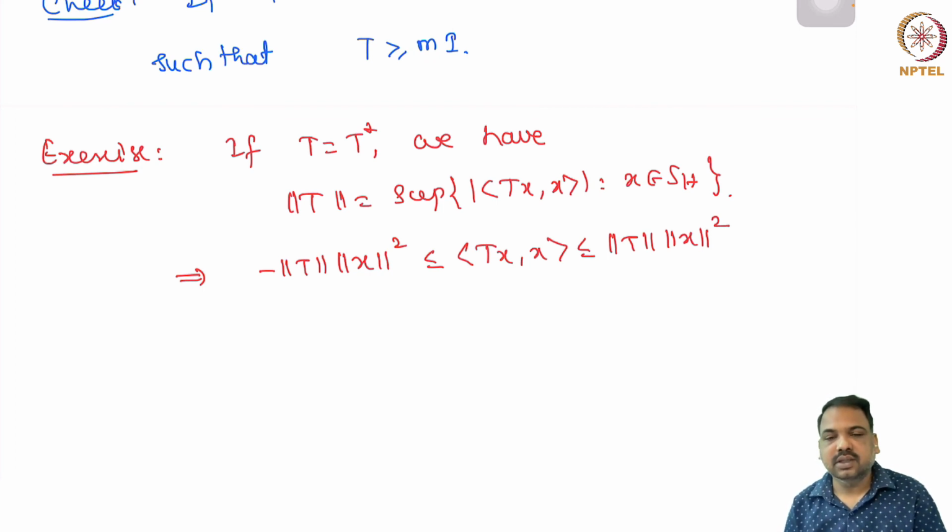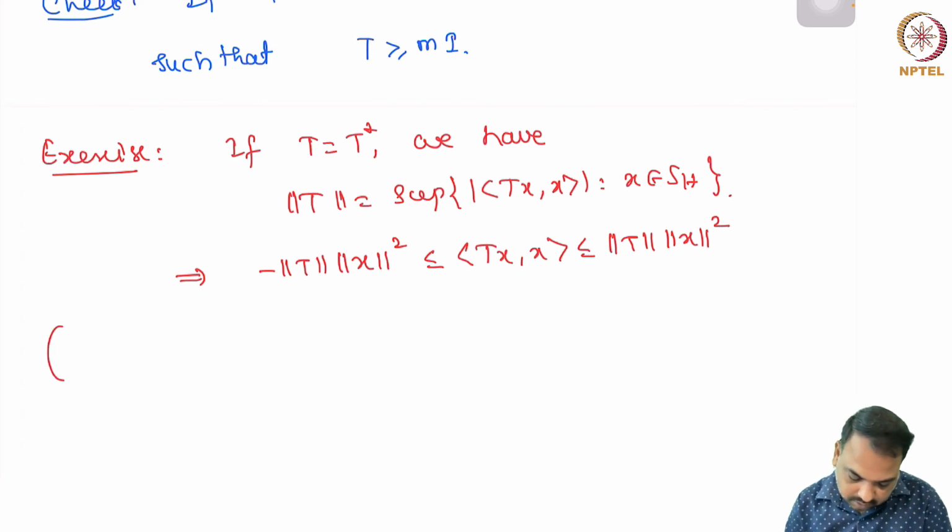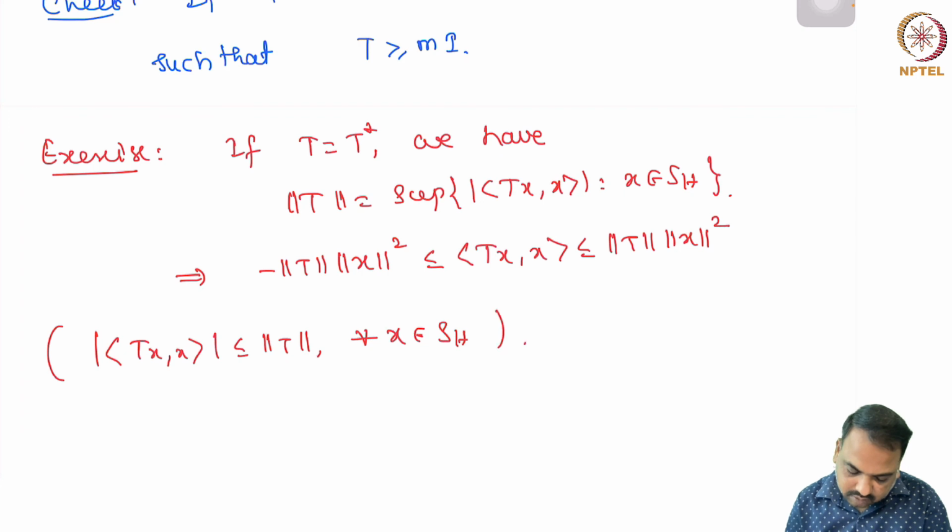Now when x is non-zero, you replace x by x over norm x to get that modulus of inner product Tx with x is less than norm T times norm x squared. So that's what I have written here.